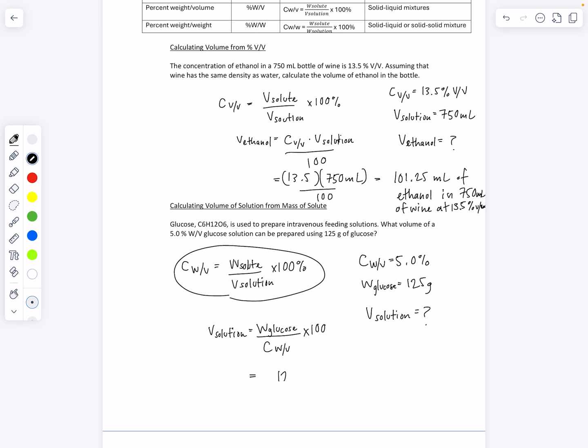That's 125 grams divided by 5% times 100.